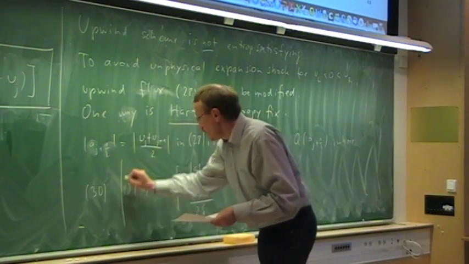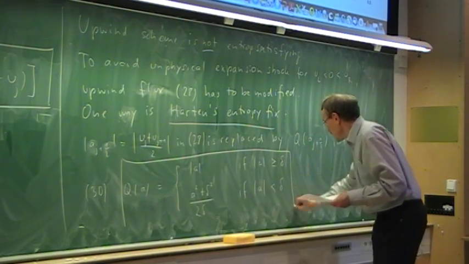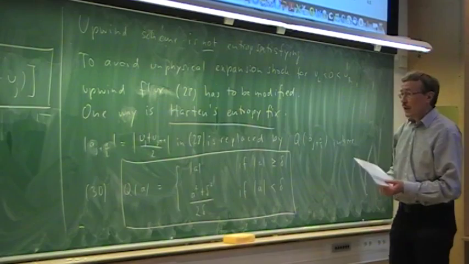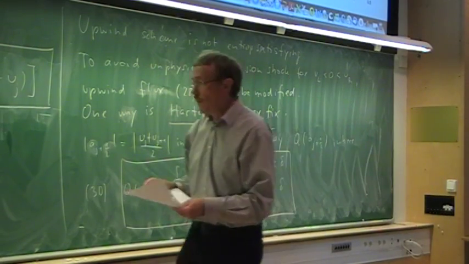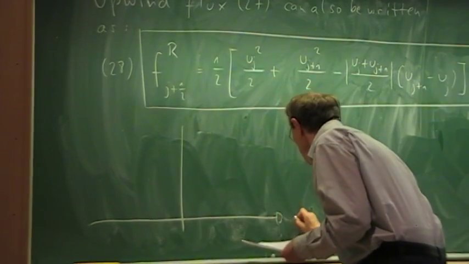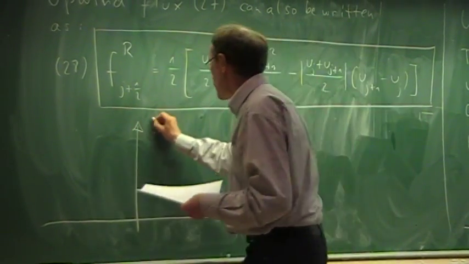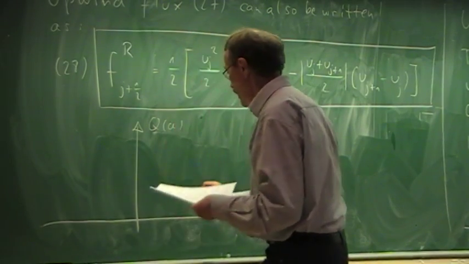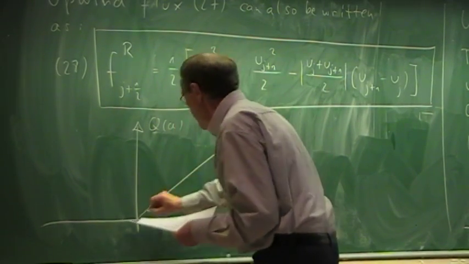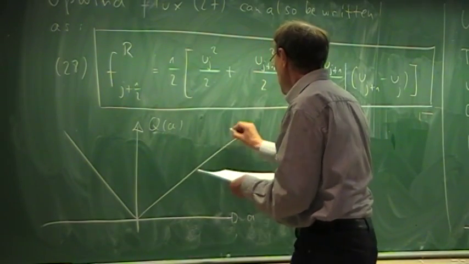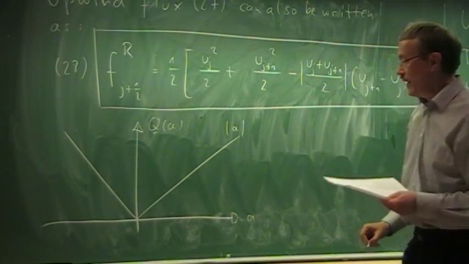And so what does this do? If we have A here, that is our characteristic speed, and Q of A here, the usual thing is that we have the absolute value, like that.